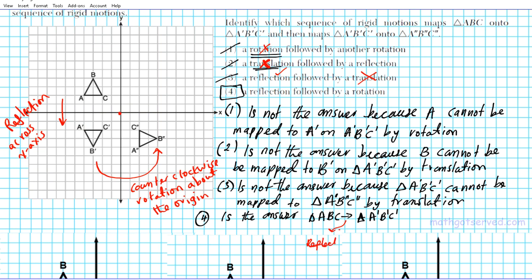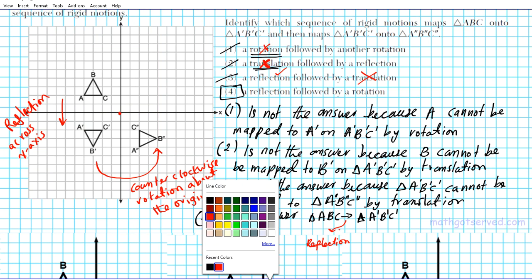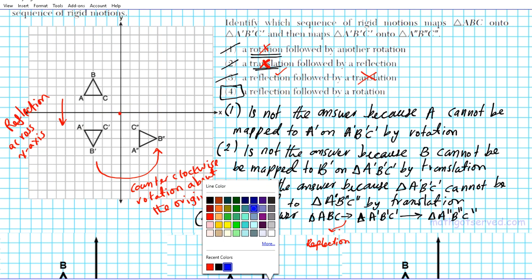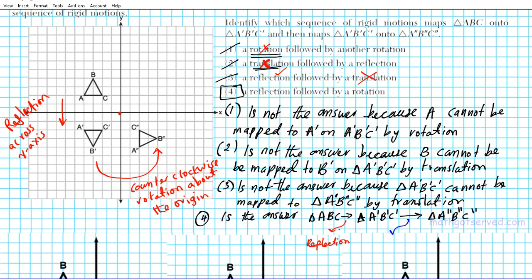And then you can go from triangle A prime, B prime, C prime to triangle A double prime, B double prime, C double prime, the transformation in that case is a rotation. Alright, so these are the two sequence of rigid motion transformations that can take you from triangle ABC to A double prime, B double prime, C double prime.